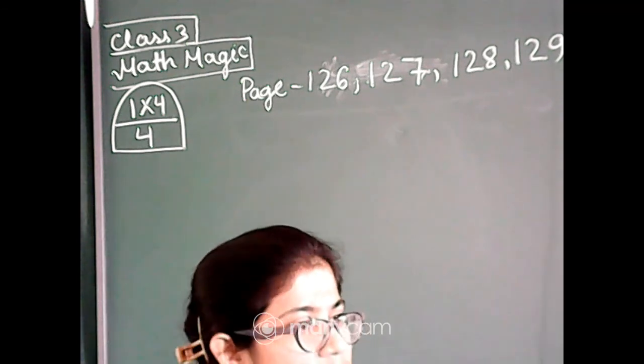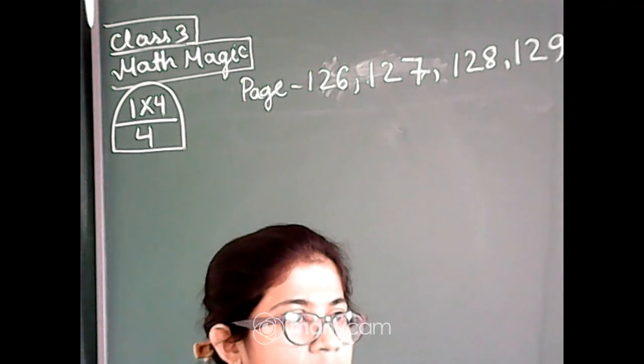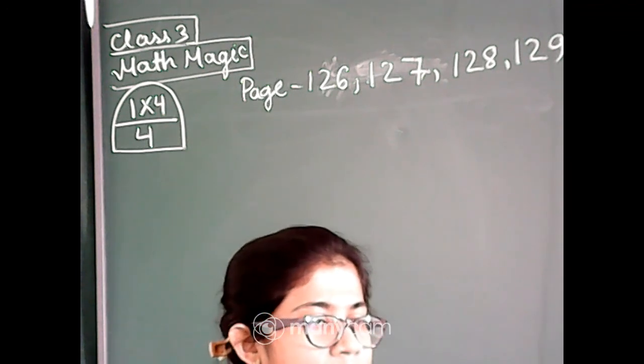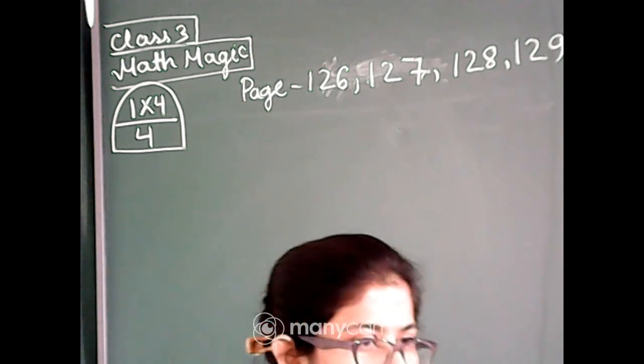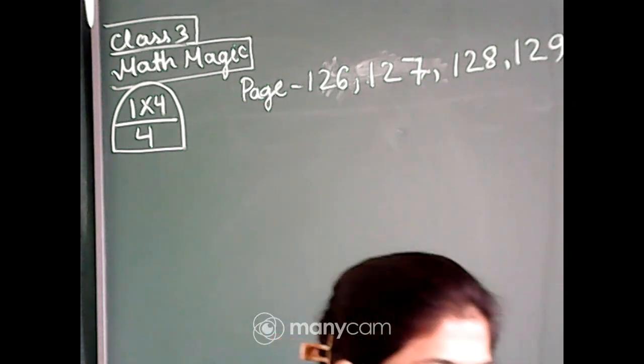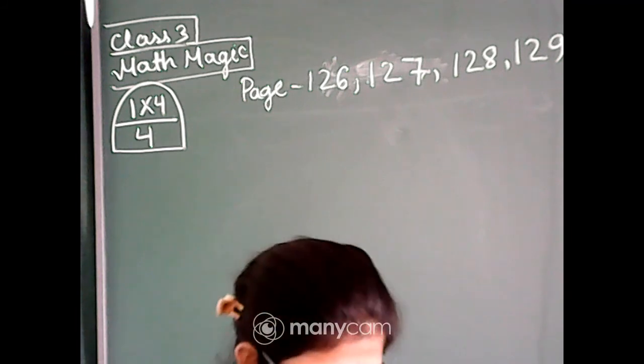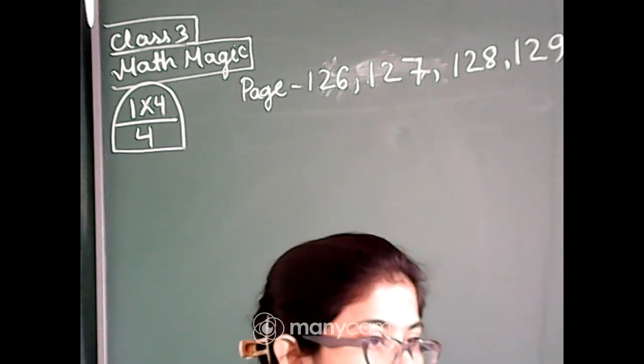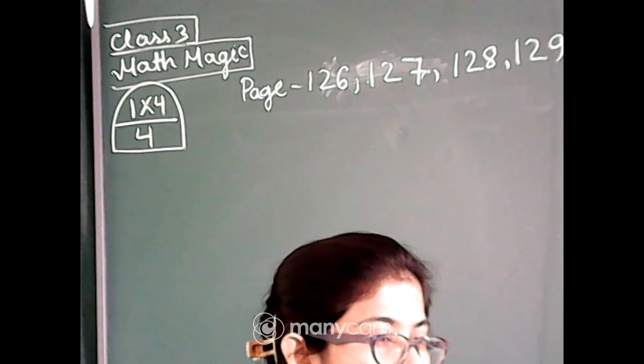Page number 126 is all right, Diksha Singh. Daksha H, page number 129 is all right.